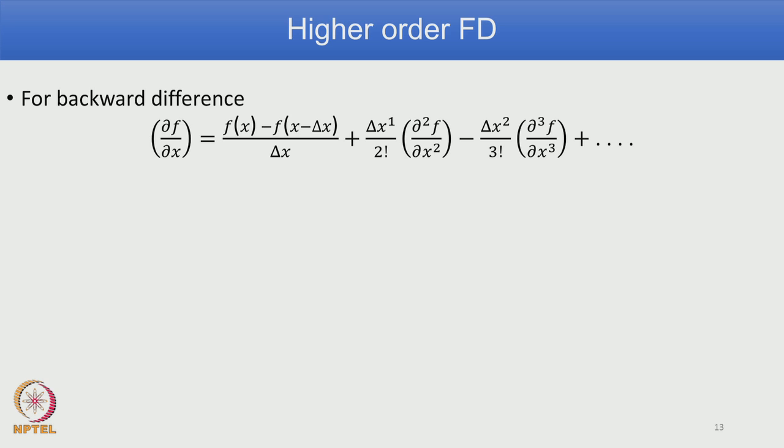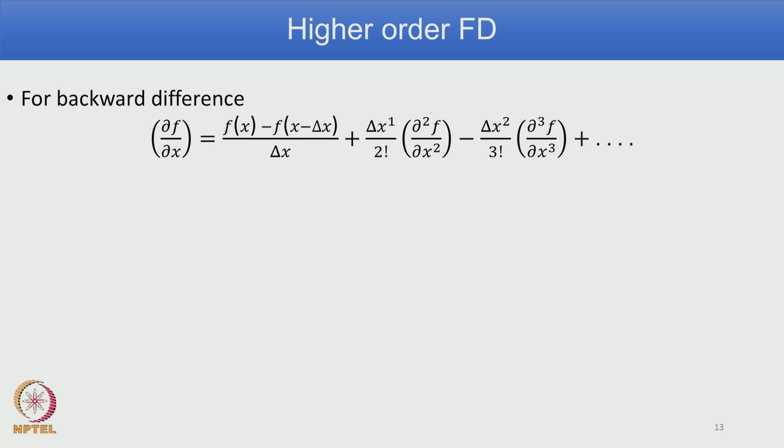Now, just like we obtained higher order finite difference scheme by a forward difference procedure, we can also obtain higher order finite difference scheme by backward difference procedure. What is shown here is the backward differentiating formula for the first derivative.